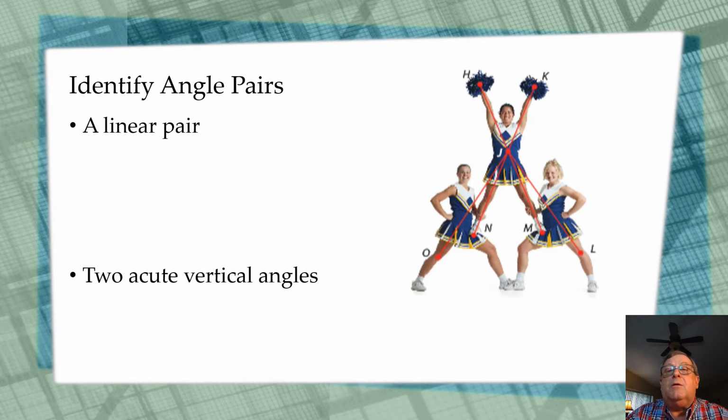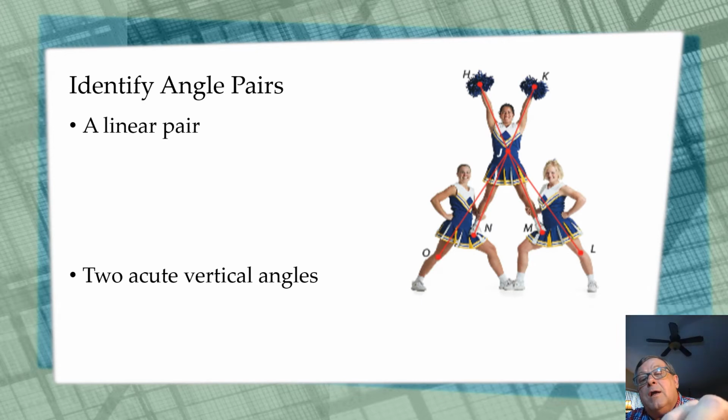So let's take a look at what we have here before us, which is cheerleaders in a formation. And we're asked to identify some angle pairs in a linear pair, as well as two acute vertical angles. The first thing I want to do is ask, where are the lines? If I've got to find a linear pair or vertical angles, which of these segments actually form a line? Because some of these do not.